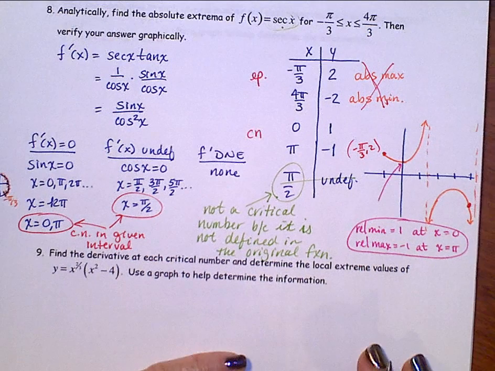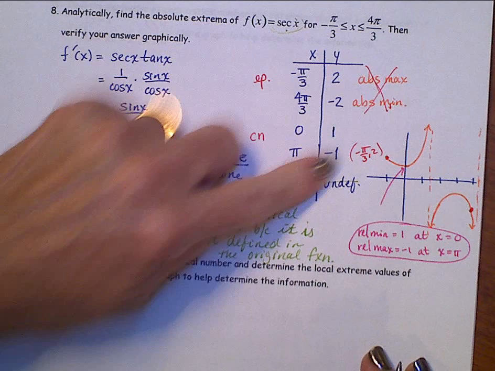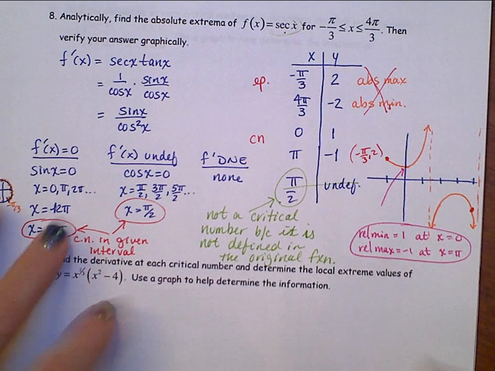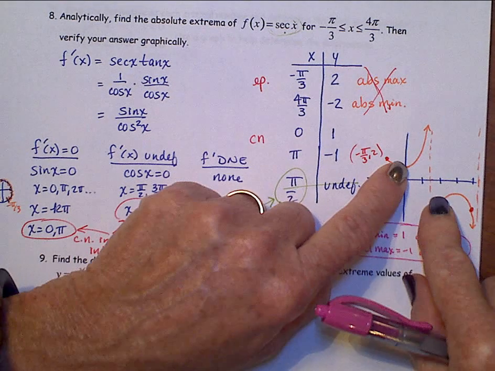What happened was that this didn't really fit the extreme value theorem because the function is discontinuous on the given interval.